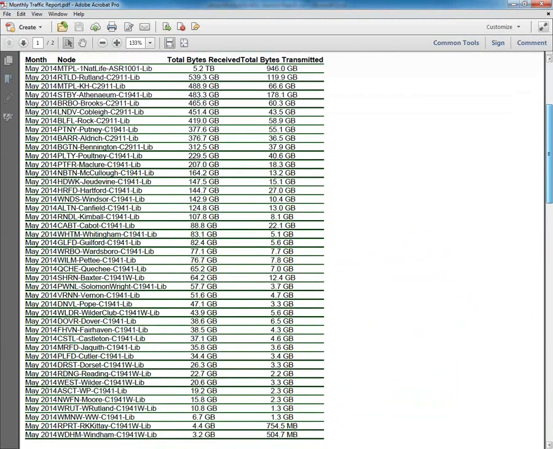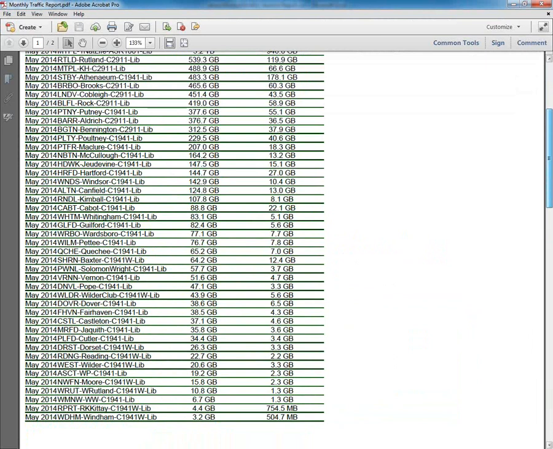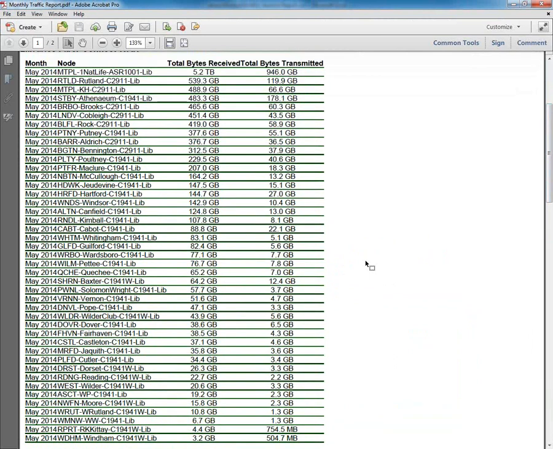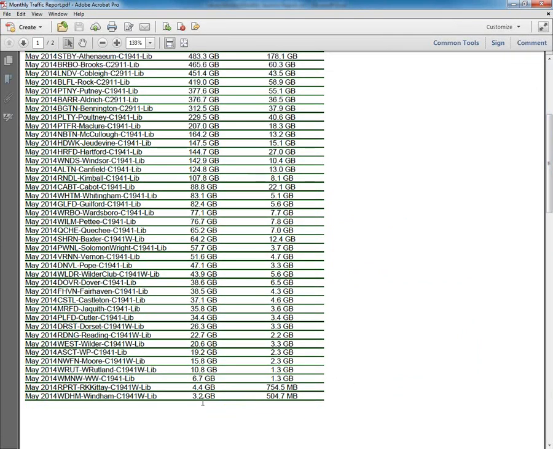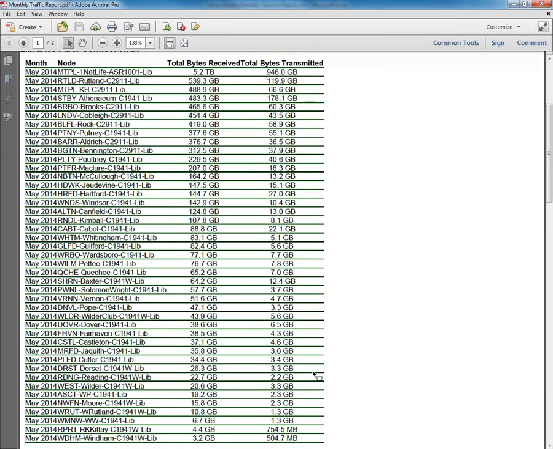One thing to note about these is, let's see, I think everything is gigabyte here. The last report I saw actually had some that were just bytes, so that the numbers here pretty much compare across the board.